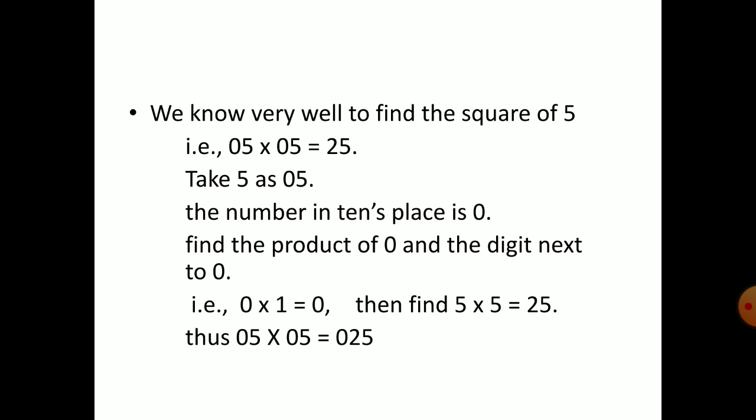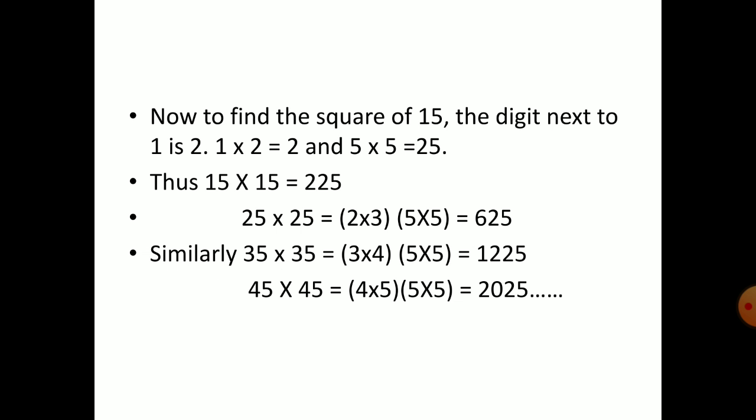That everybody knows. Now let us apply the same principle to find the square of 15. The digit next to 1 in the tens place is 2. Now find the product of 1 and 2. 1 2s are 2 and the units place is 5 5s are 25.